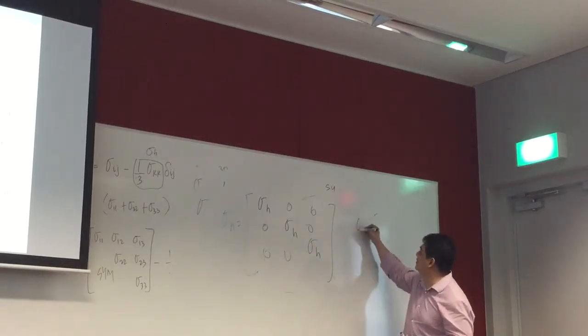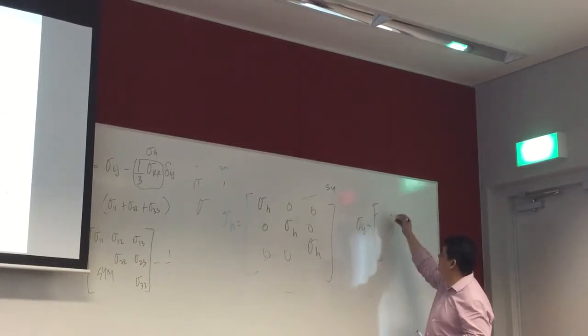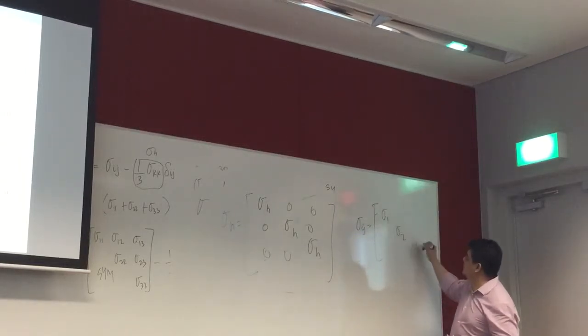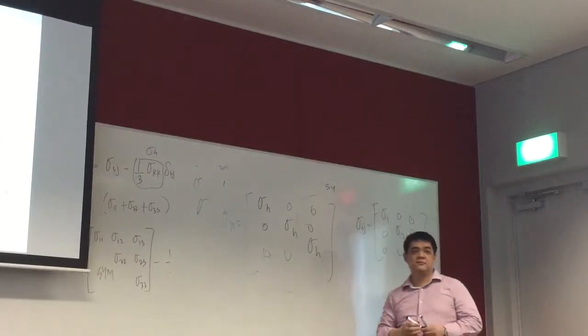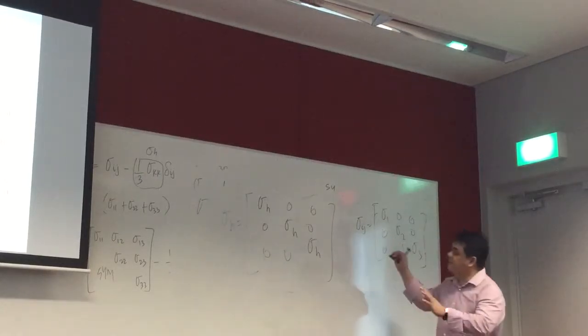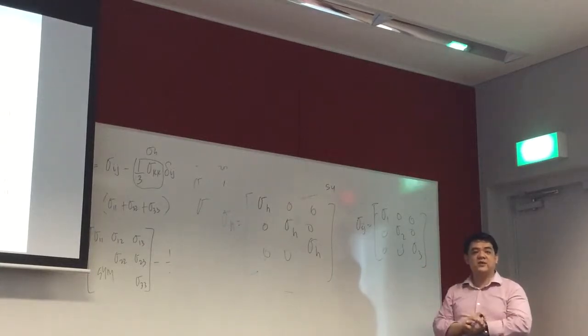What if you have, let's say, sigma ij principal: sigma 1, sigma 2, sigma 3. So if you have a perfectly hydrostatic stress state, what happens?